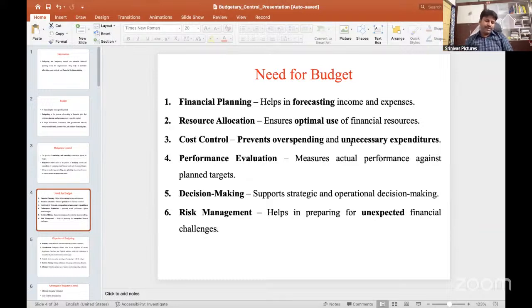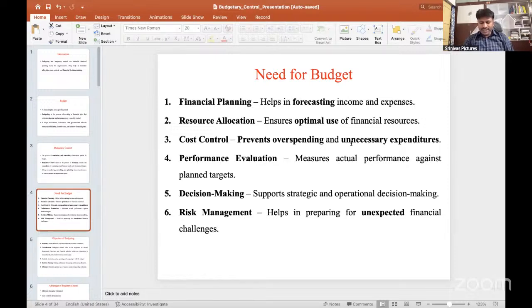The budget team looks at where money and funds are required, and accordingly allocates the budgets.